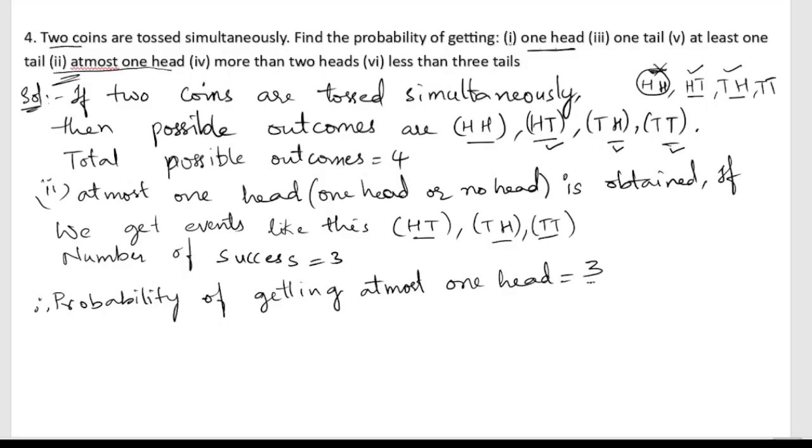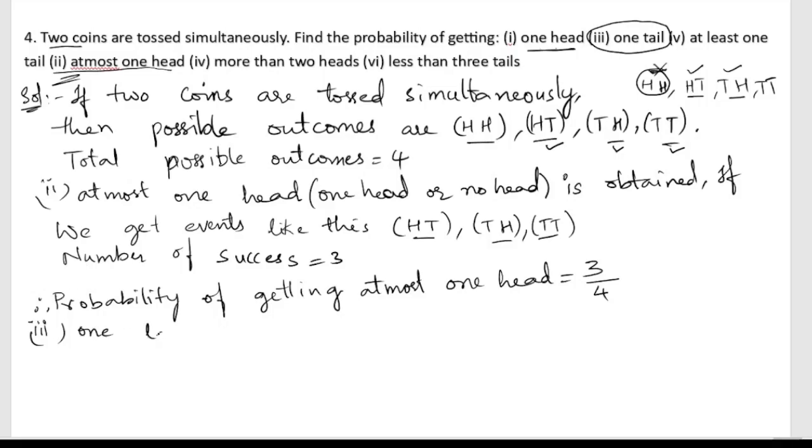So let us write 3, and we know the total number of outcomes is 4. Here we can't cancel this. Now we will do the third bit. In the third bit they are asking for one tail.